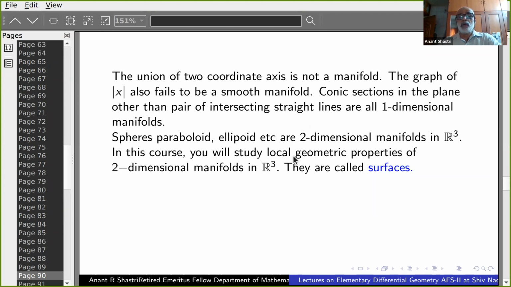So in this course, you will be studying local geometric properties of two-dimensional manifolds to begin with. And by the time you come to the last week, some global geometry also. In any case, these two-dimensional manifolds are surfaces.